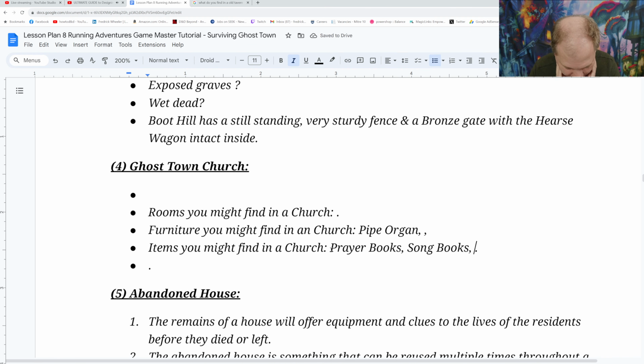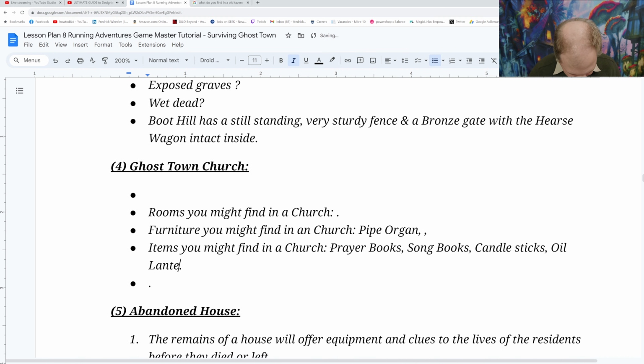Note that we have modernized, used to using candles, where often they use small oil lamps. Yeah, oil lamps. So let's go candlesticks, oil lanterns or lamps. Okay.